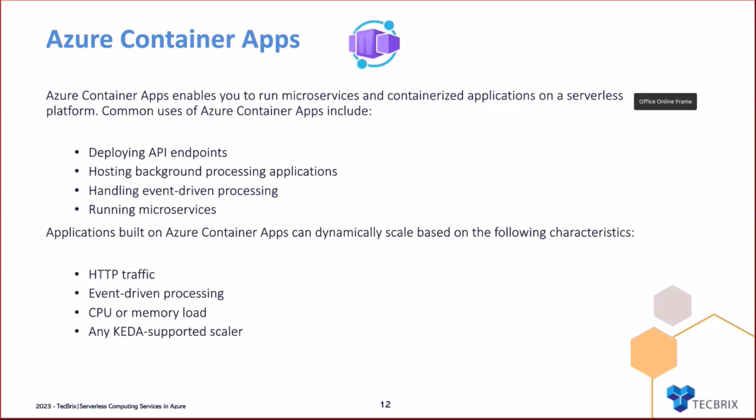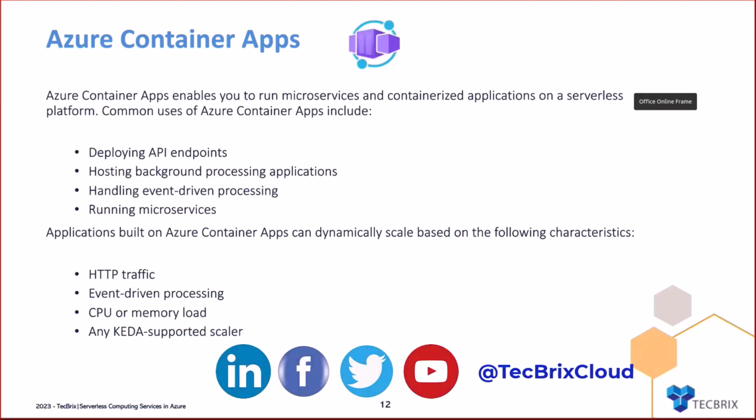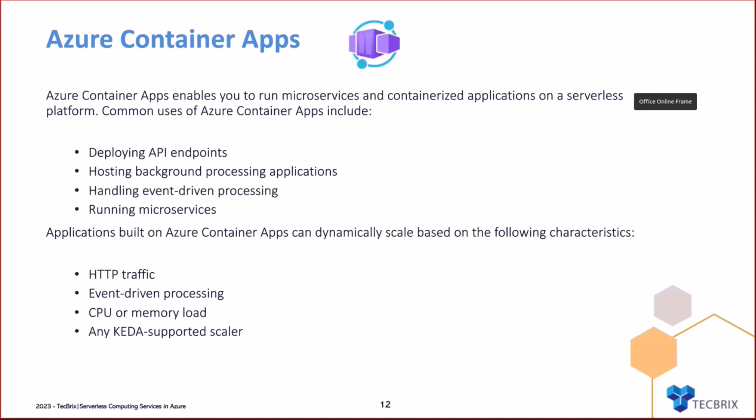Now, for Azure Container Apps, we have different scaling options. As we know that Azure Container Apps is a serverless offering, so definitely it will have some triggers that will scale up our application and scale it down. So what are those factors that scale up our resources?